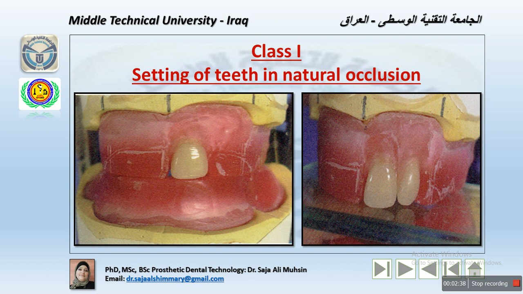Then the lateral incisor will be positioned just behind the central incisor, with its incisal edge 0 to 2 millimeters from the occlusal plane. This will vary, as in the image on the right side.